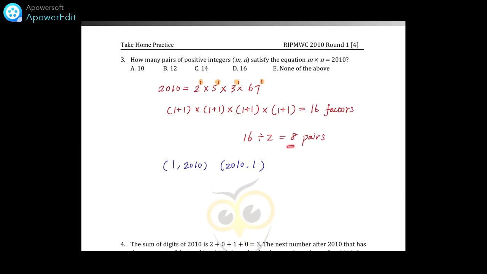So for these 8 pairs, each of them has 2 different arrangements. Two arrangements for each pair, so 2 times 8. In total, we have 16 different arrangements. So the answer is D.